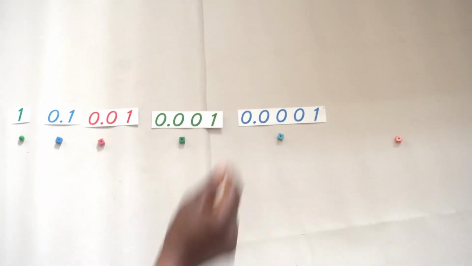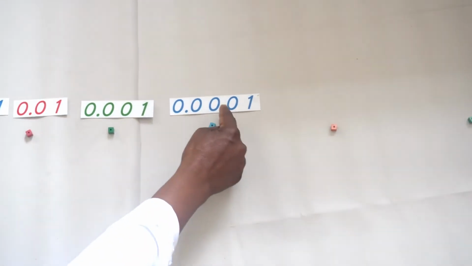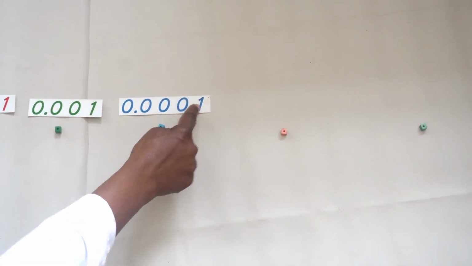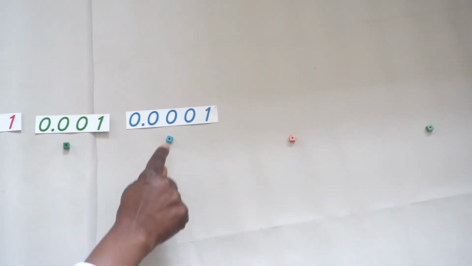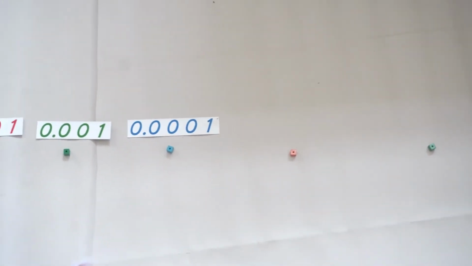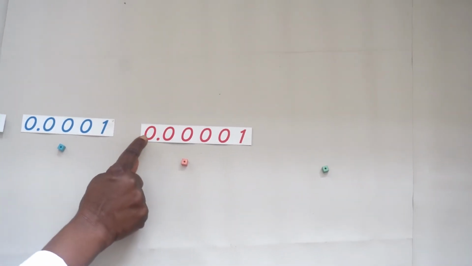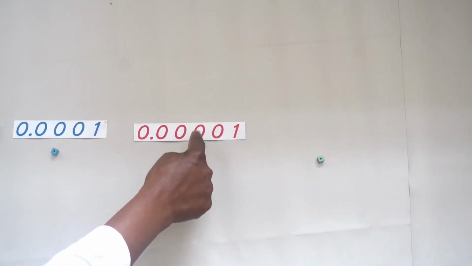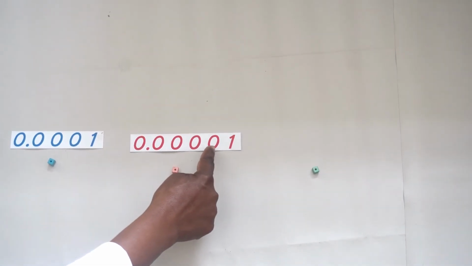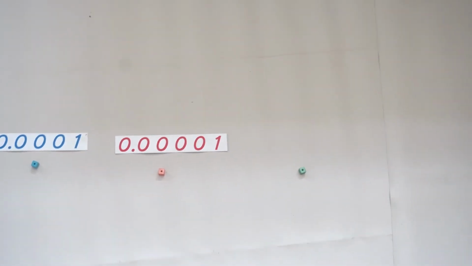After the decimal point, the 10th place is 0, the 100th place is 0, the 1,000th place is 0, and now the 10,000 place is 1. So this is 1/10,000th.